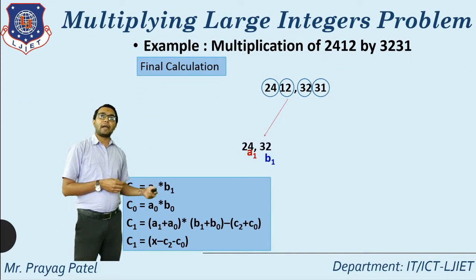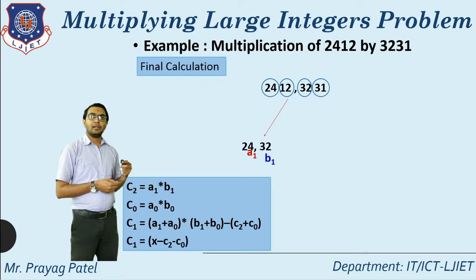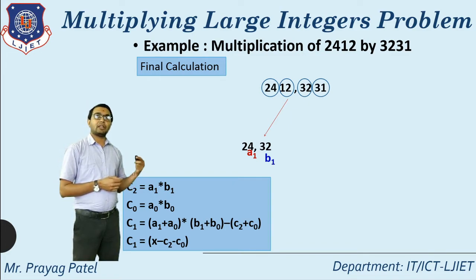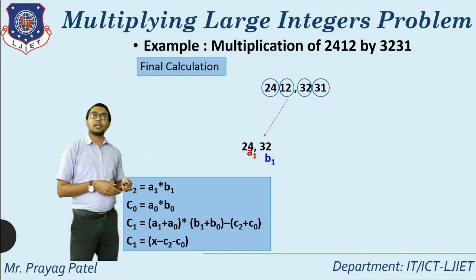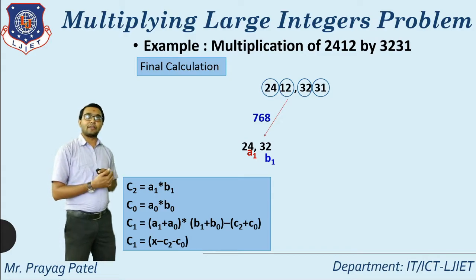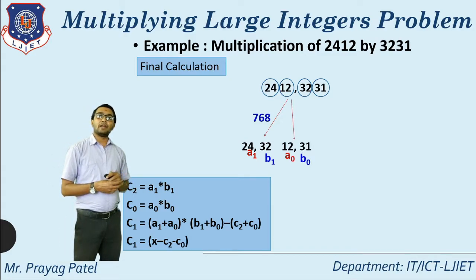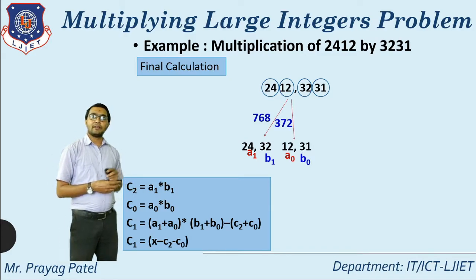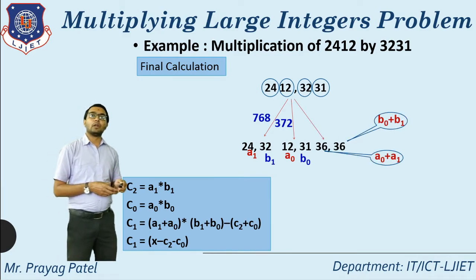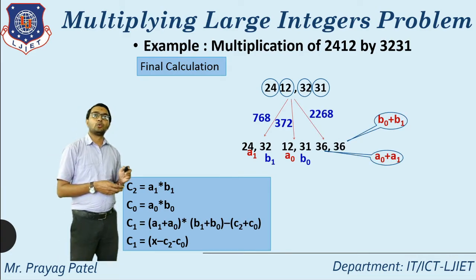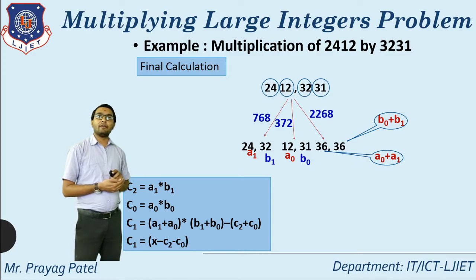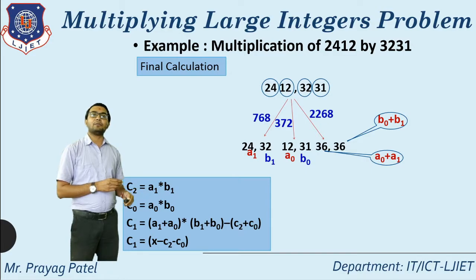Then we will find the final calculation of 2412 multiplied by 3231. The first value is 768, the second value is 372 and the third value is 2268. So we have the values of a1 into b1, a0 into b0, and a0 plus a1 into b0 plus b1. So we can find the final answer of this C.